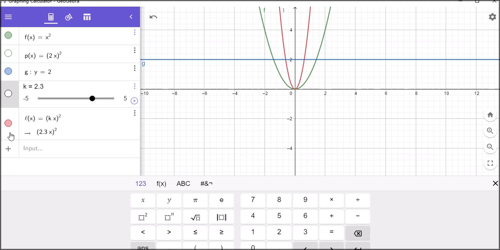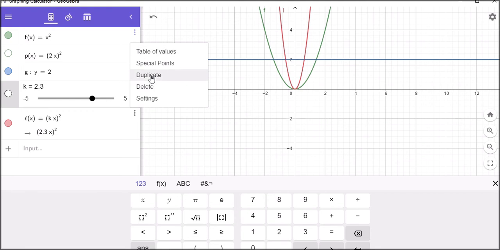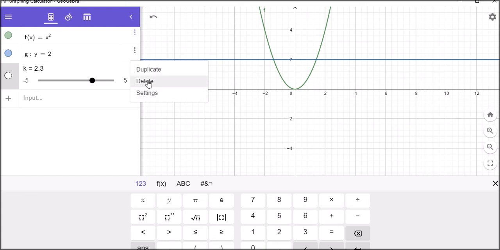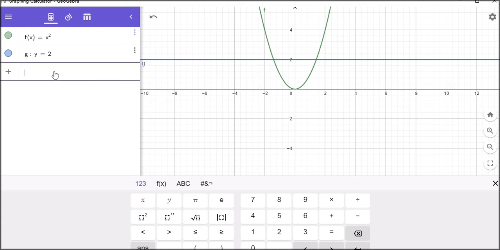So okay, next we're talking about changing the d. So we're going to delete that one. We set another function, like p(x) equals (x minus 1) squared plus 2.